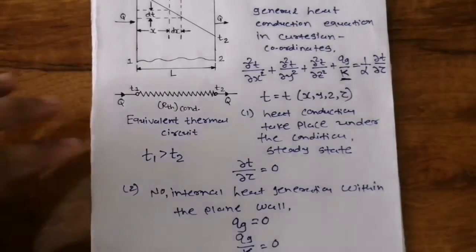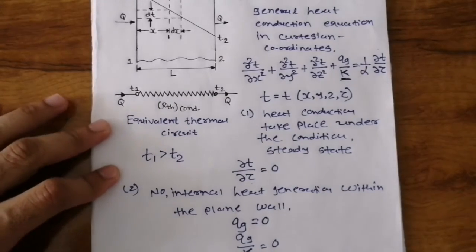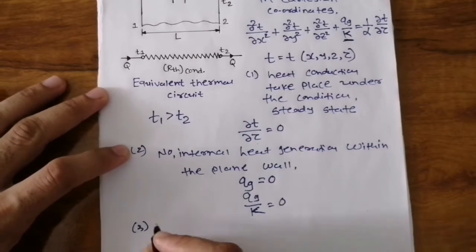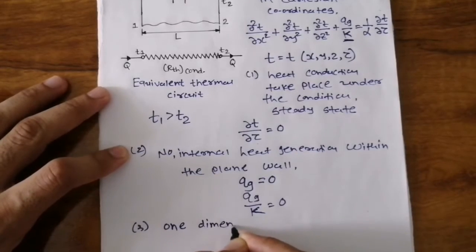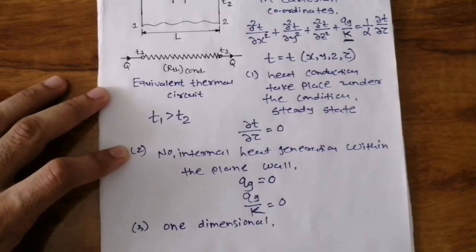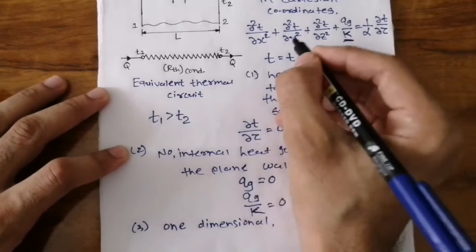The third condition is that the rate of heat transfer takes place in only one direction, so we consider one dimensional heat flow. It means only x direction heat flow is considered, so the y direction and z direction terms are 0.